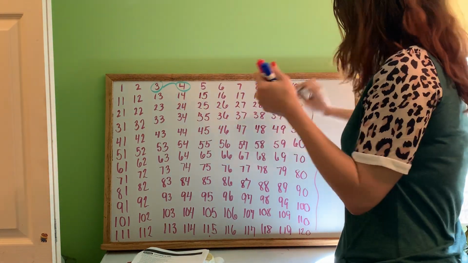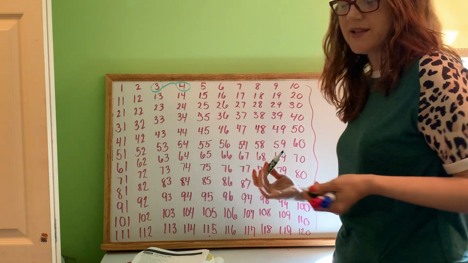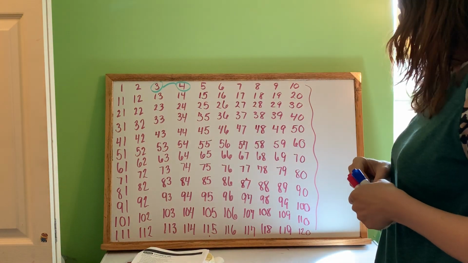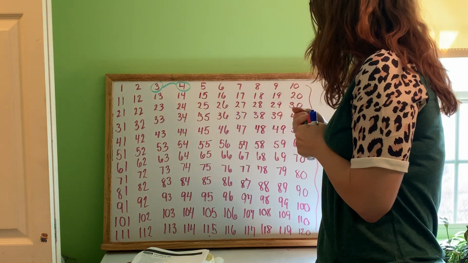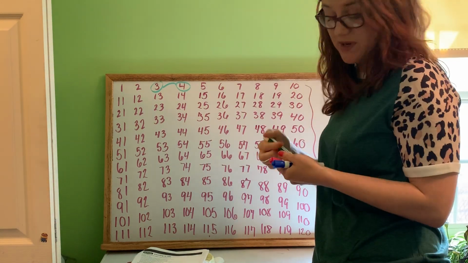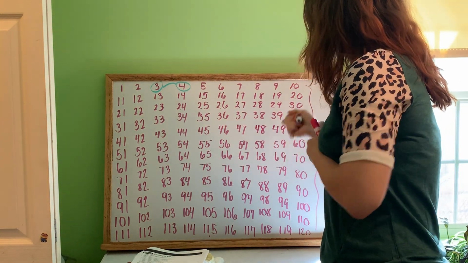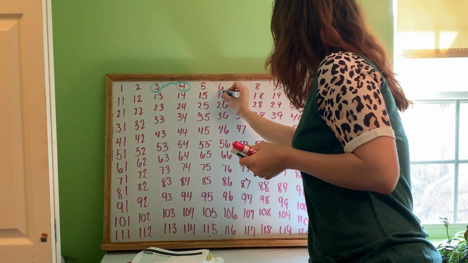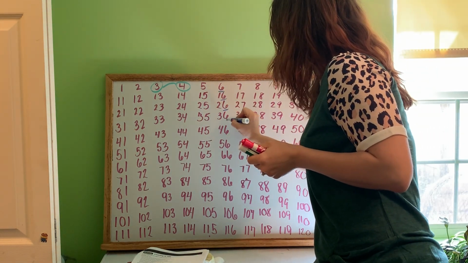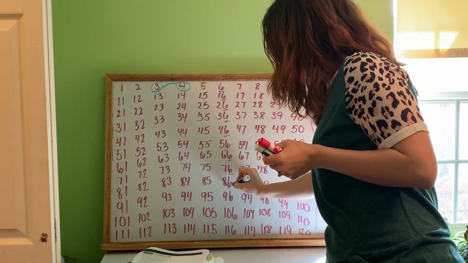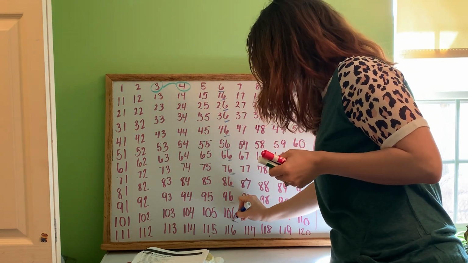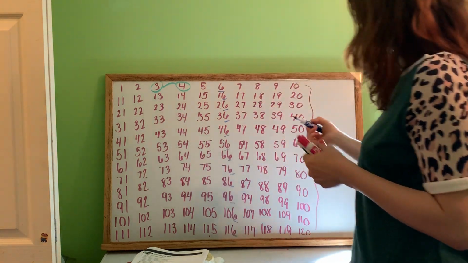And if I continue that way, it's going to be counting by 1s. When we look down a column, I'm just going to pick the 6 column, the 1s place when we are going down is always the same. So that doesn't change. That's why we call this the 6 column.